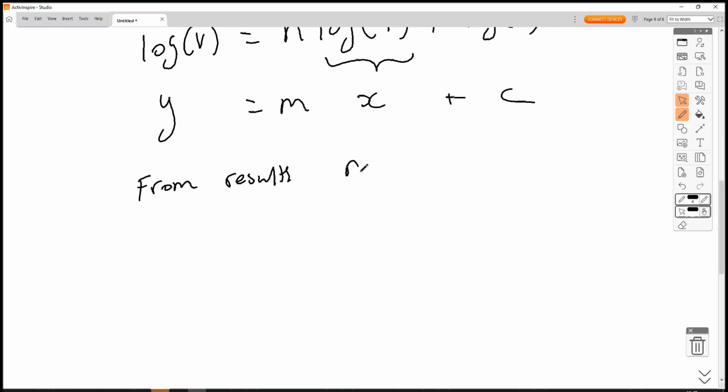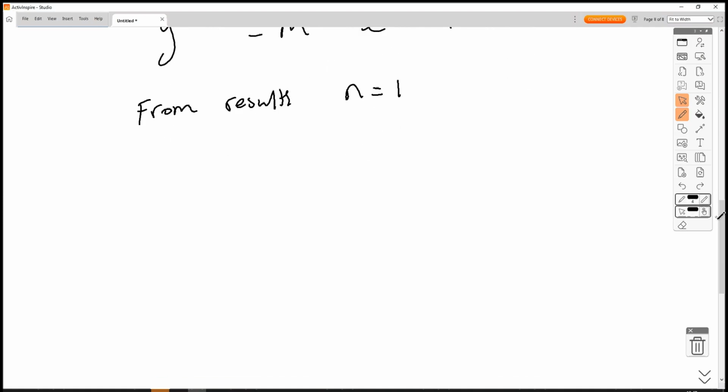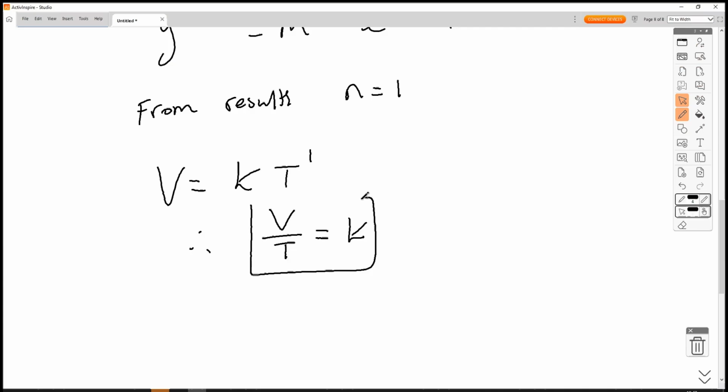So from results, N equals 1. So then we've got V equals KT to the power of 1. Therefore, we've got V over T is equal to K, where K is a constant.